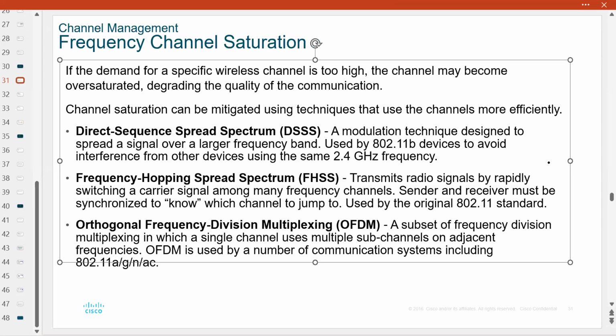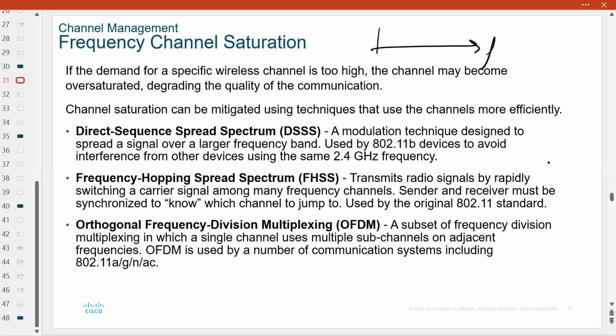When wireless devices are transmitting or receiving wirelessly, obviously, they use specific frequencies to do that. So we have a range of frequencies that are being used by all devices communicating. All devices communicating have a specific frequency range that they use.